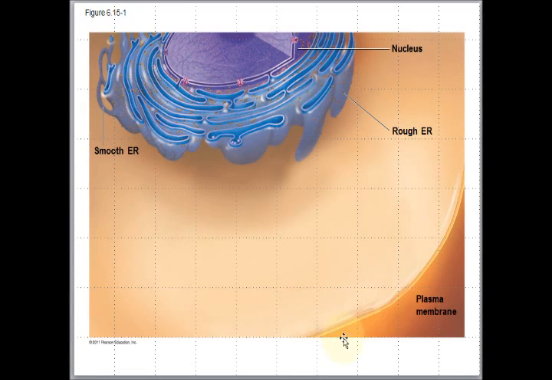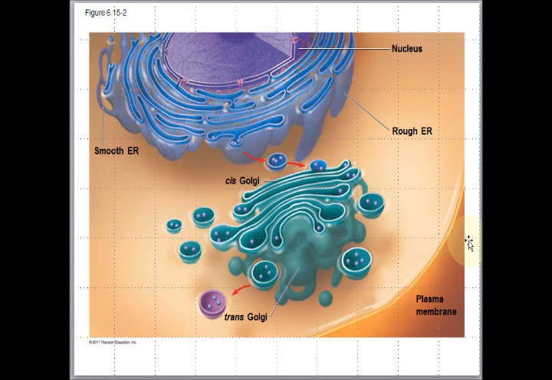On the very outside of the cell, you can see the plasma membrane. Add a few more things. Here we have material that's being processed in the endoplasmic reticulum. We have vesicles being broken off. Those vesicles oftentimes carry material to the Golgi apparatus. Remember, it does the processing, packing and shipping out of these materials. Here's the cis side of the Golgi apparatus receiving that material.